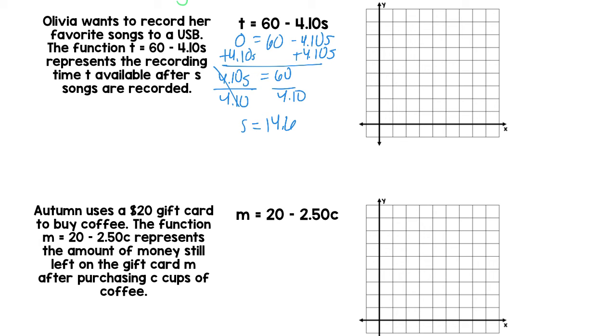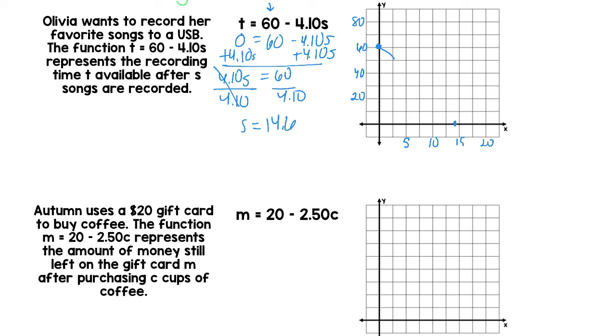All right. So let's make every other one 5 here. So 5, 10, 15, 20. That's 14.6. That's about right there for the x-intercept. We know our y-intercept is 60. So if we make every other one of these 20, our y-intercept will be 60.